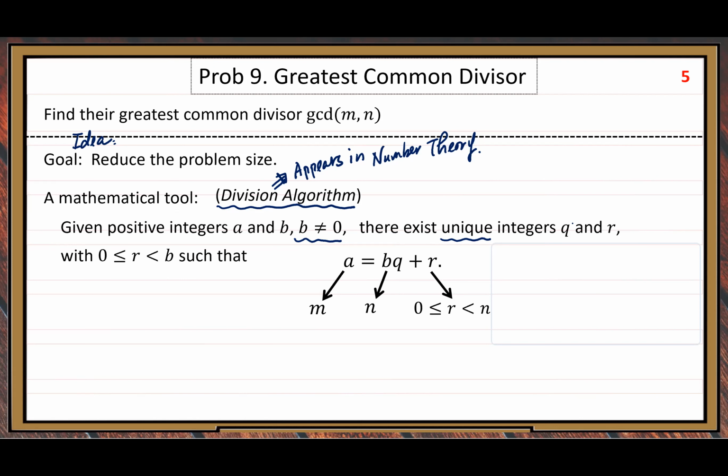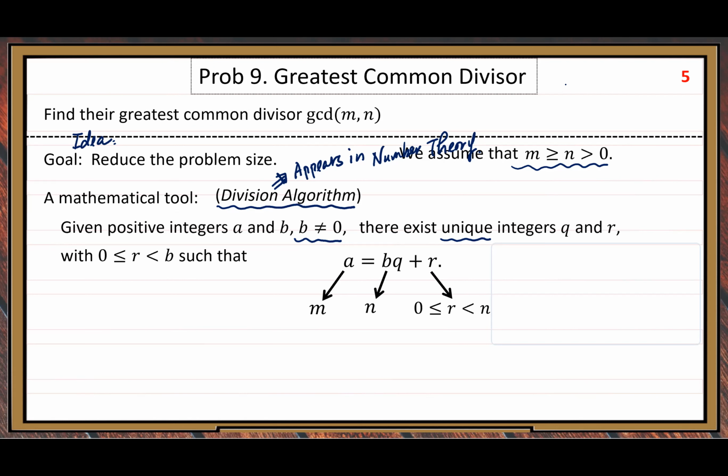Let's do it. We replace a by M and we replace b by N, and we do integer division. But here we make a small assumption, M greater or equal to N greater than 0. If not, we switch.